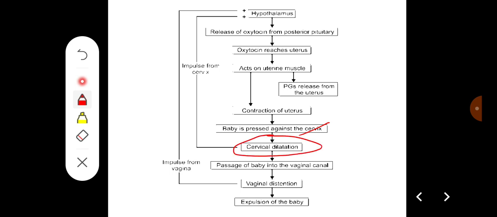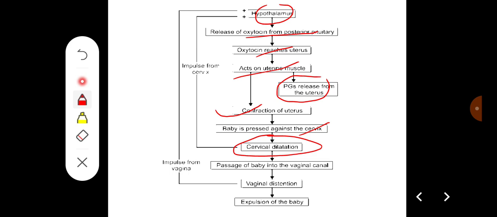This is how the parturition is initiated, and further cervical dilatation causes the stimulation of the hypothalamus, which increases the amount of oxytocin from the posterior pituitary, which reaches the uterus and acts on the uterine muscles to increase the contraction of the uterus, and also they release prostaglandins, which act on the uterus and the cervix, which facilitates cervical dilatation.